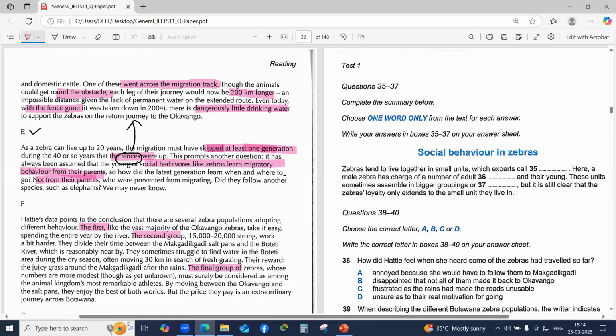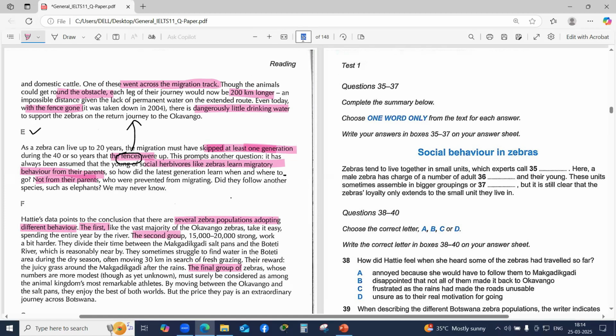So it is forming a clear pattern, because in the first sentence it is clearly written that according to the data points got by this researcher Haiti, she has dissected the populations into different behaviors. There is the first group, second group, and third group. First group is spending the entire year by the river. Second group is traveling between places, trying to find food. Third group is traveling even further, and she's referring to the third group as remarkable athletes.